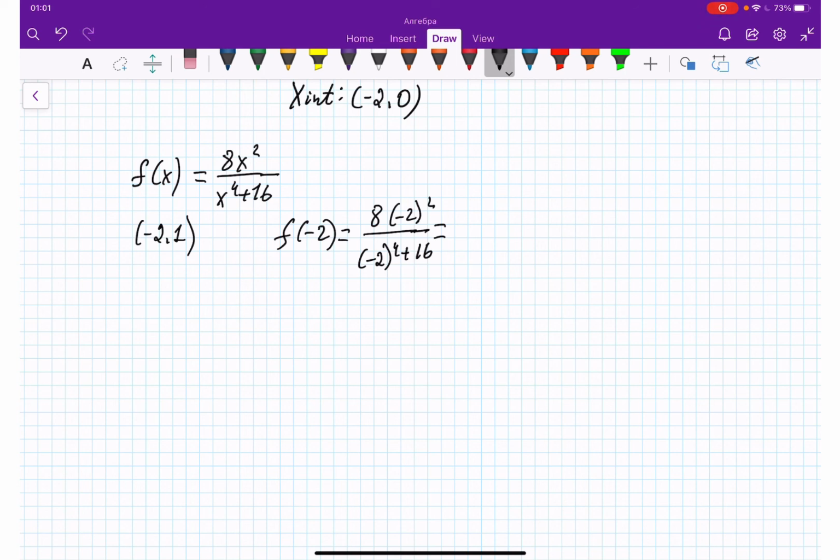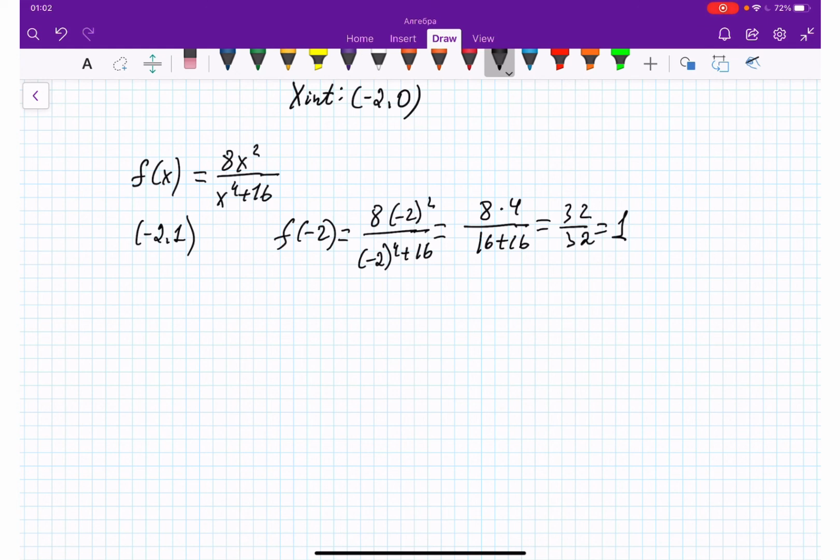I don't believe it's going to be 1 here, but let's check. So 8 times 4, yes. In my mind, I didn't square the negative 2. Then negative 2 to the power 4 is 16, plus 16. So 32 over 32. We are getting 1.